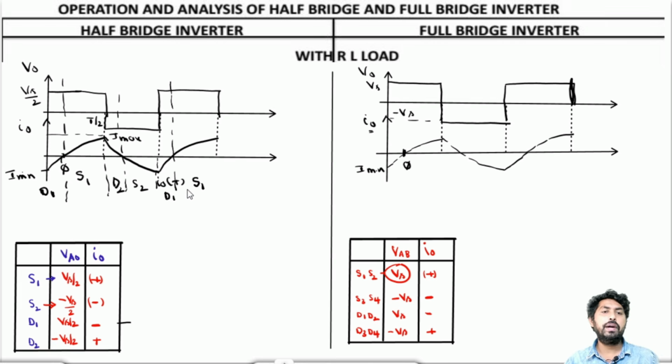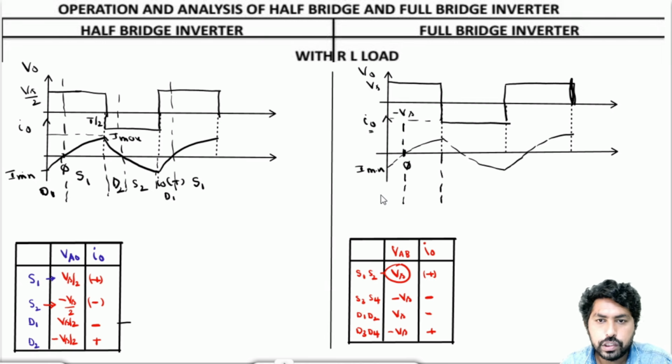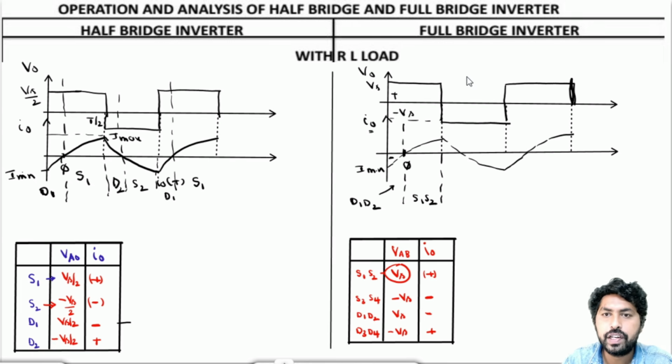Now we have determined the conduction period of the different devices, as for the pure inductive load. For the full bridge inverter, from 0 to pi, voltage is positive and current is negative, so the conducting devices are D1, D2. Then both are positive, so the conducting devices are S1, S2.